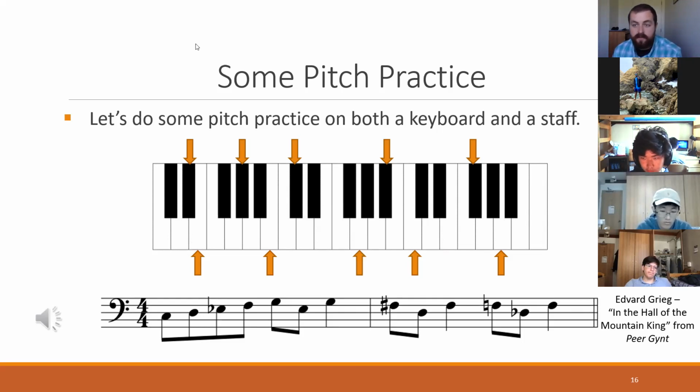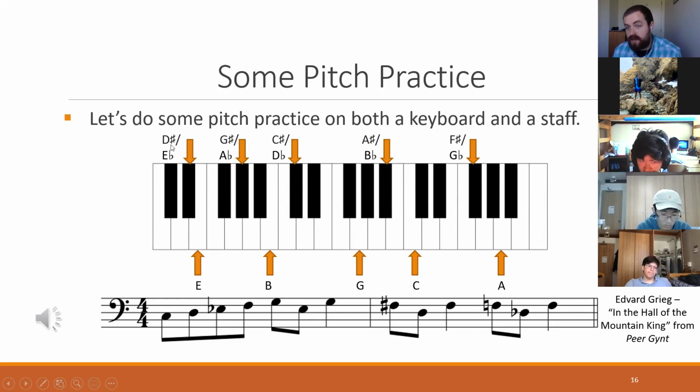Okay, let's go ahead and reveal these and talk about them a bit. Starting off, we can look at these two as a pair. We know that this is F, because it's below the 3. The note below F is E. If we lower E a half step, we get E flat or D sharp. If we go up from F, we go F to G. Up a half step from G is G sharp.